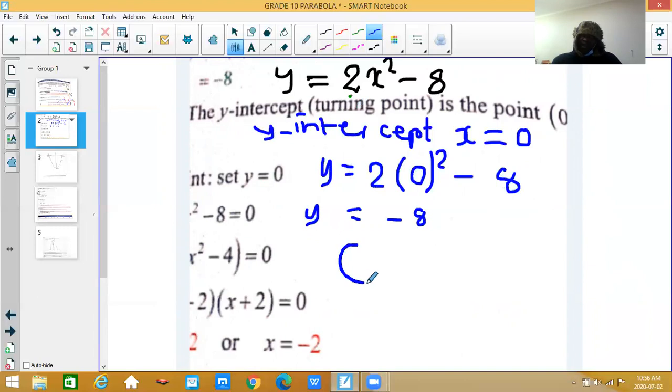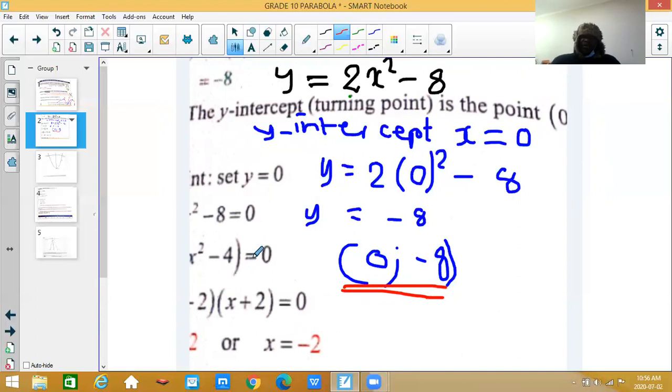But now, for our coordinates we must have the x value and the y value. This is where the graph cuts the y-axis, and this is our turning point in grade 10.